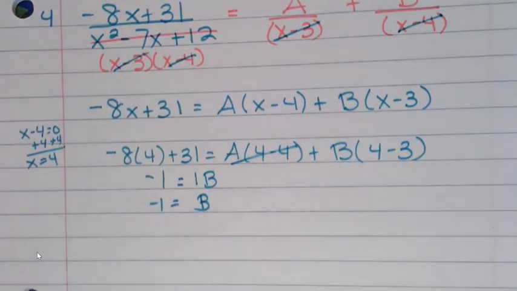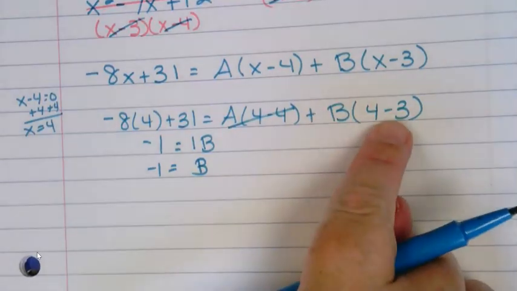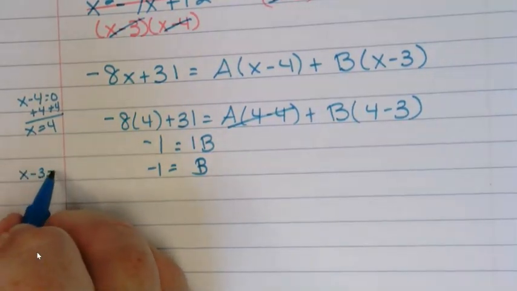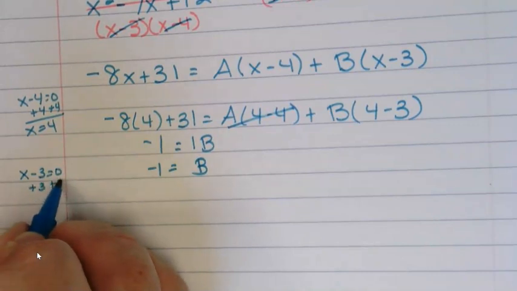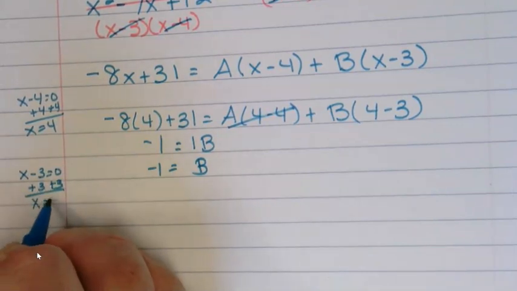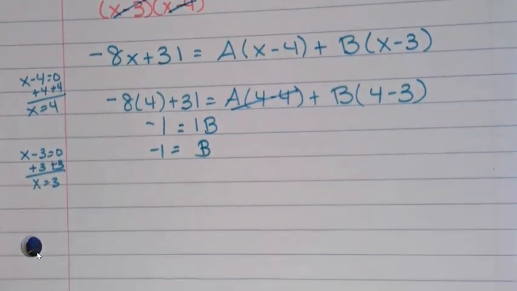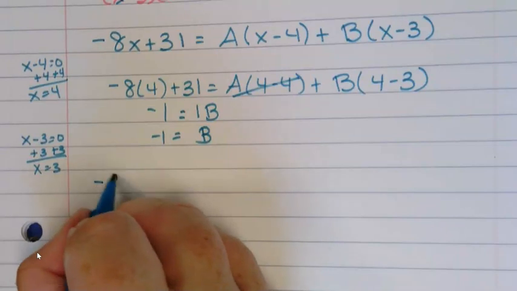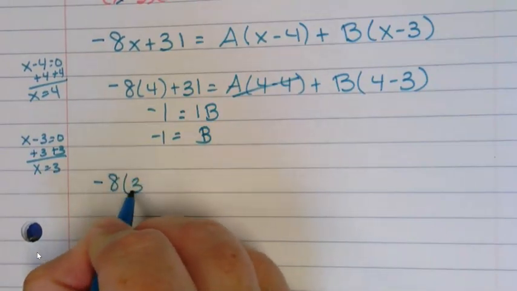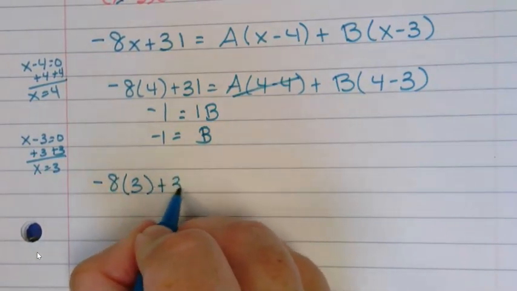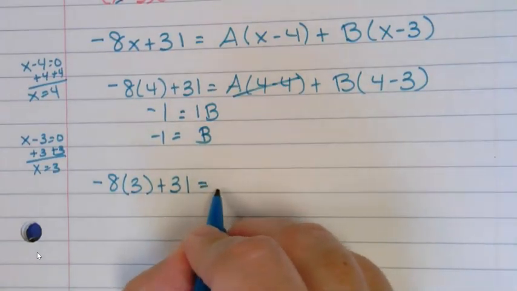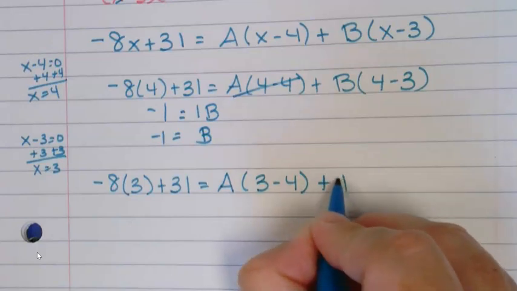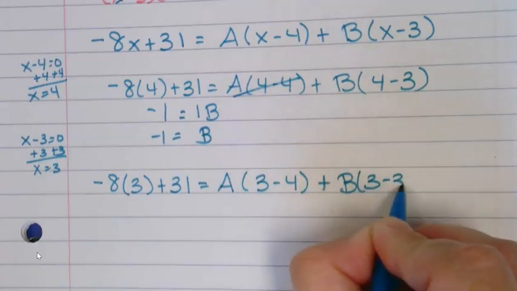Now we're going to repeat this, this time do x minus 3. So x minus 3 equals 0, add 3, so x equals 3. Plug it back in here at all values. So negative 8 times 3 plus 31 equals a times 3 minus 4 plus b times 3 minus 3.